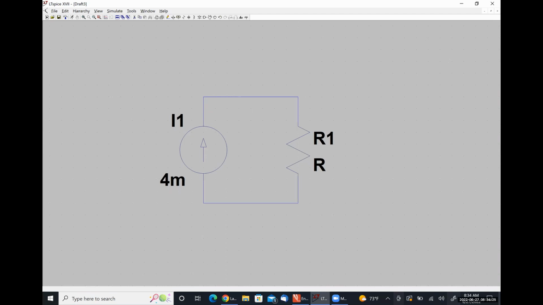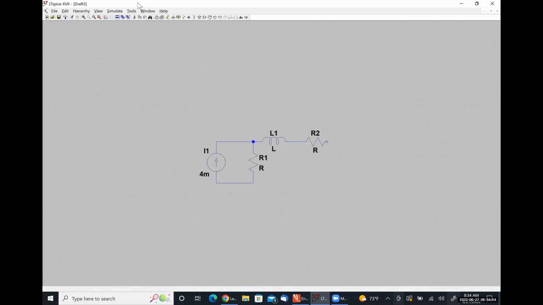So it's not providing any useful function. I'm putting the ground node on the negative polarity terminal of my capacitor.